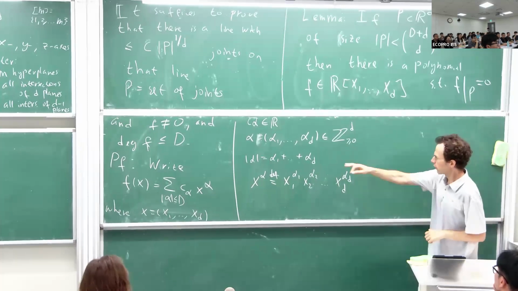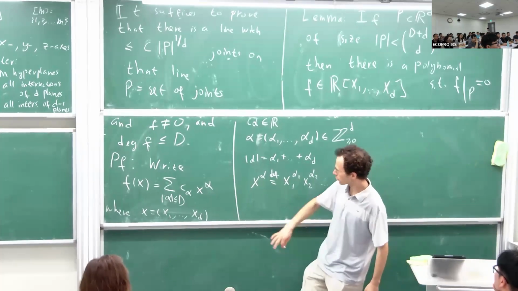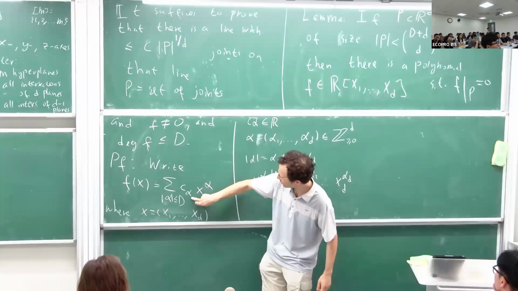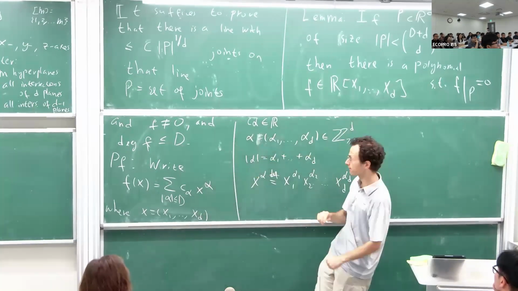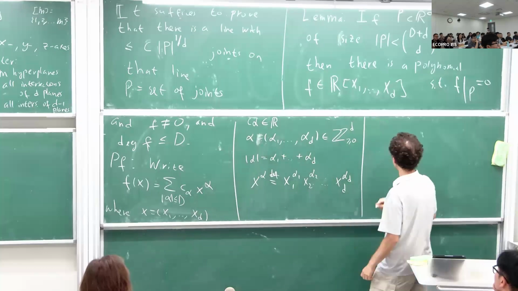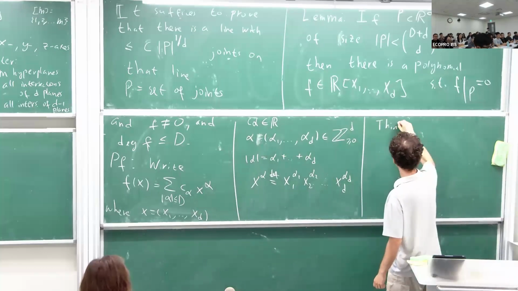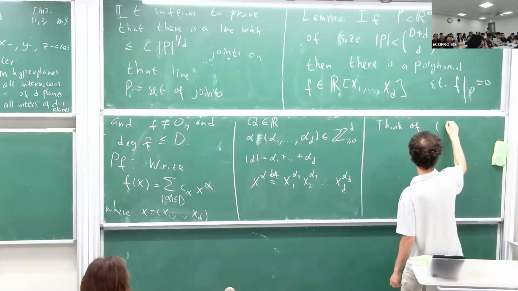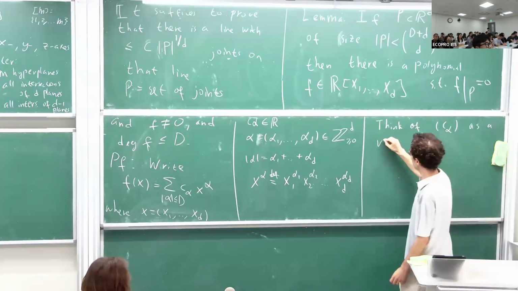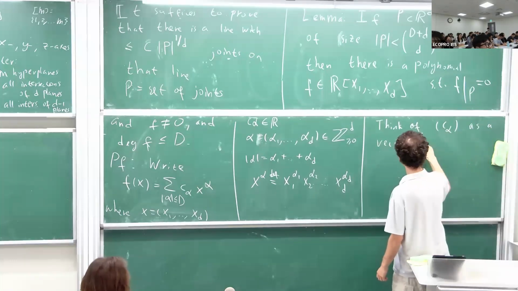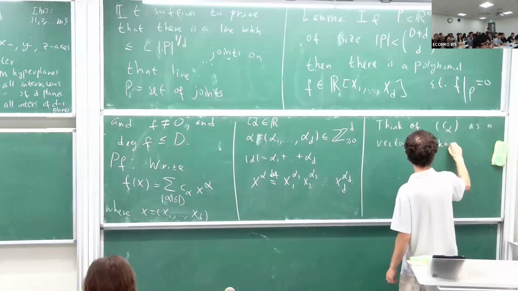All right, so I want to find coefficients c alpha of this polynomial so that this condition holds. I'm going to think of the c alphas as a vector of unknowns.